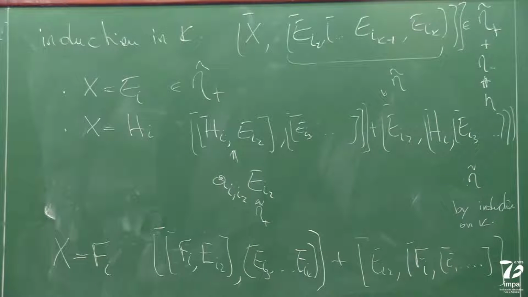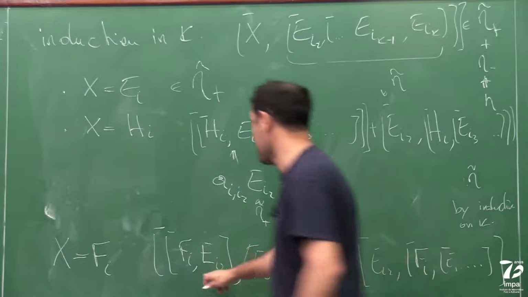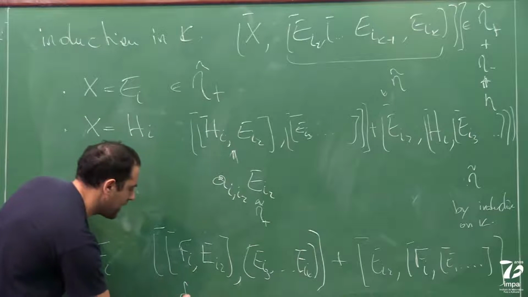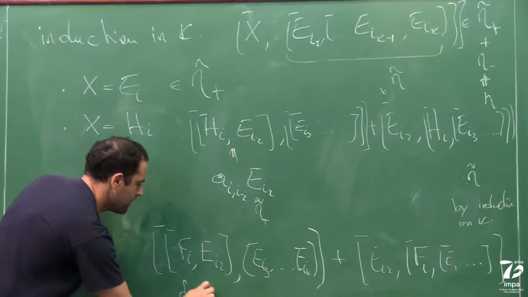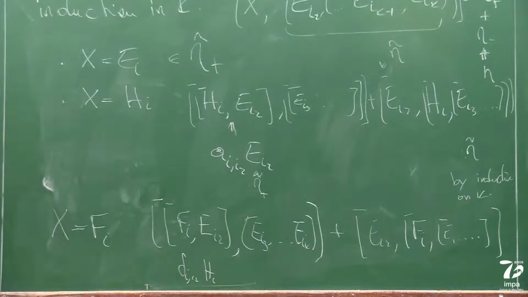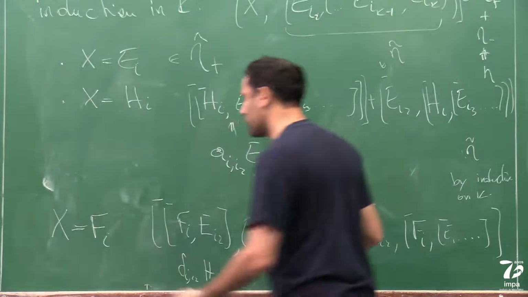Okay. So the problem is that this guy here is either 0 or something in H. So this is delta I2, H, I. Okay? And then I have a bracket of a bunch of brackets.